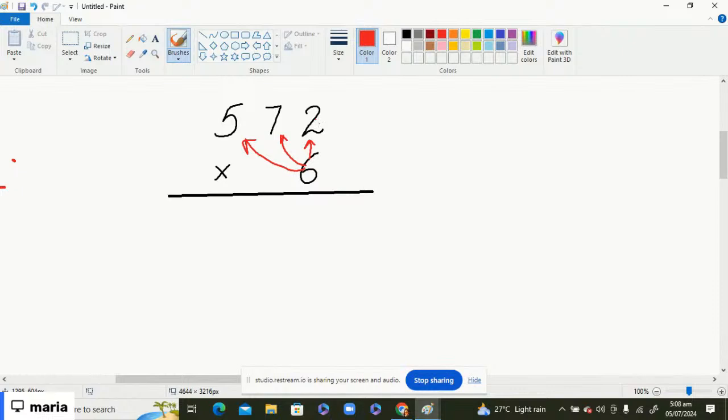First, 6 times 2 is 12. So which number do you put here and which number moves as a carry? 6 times 2 is 12. Here is 12. Now this 2 stays here and this 1 moves up as a carry.